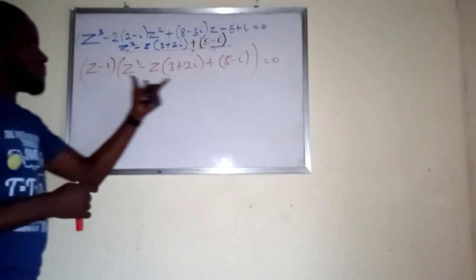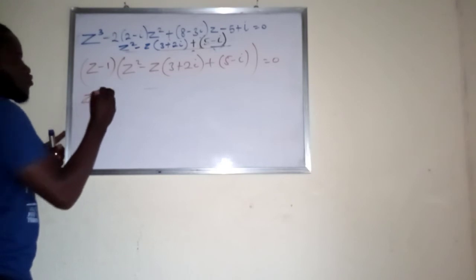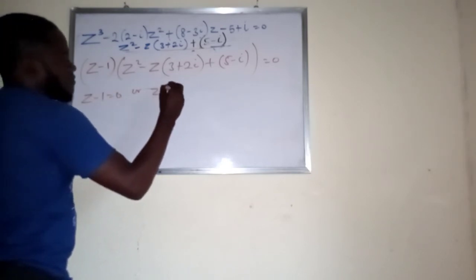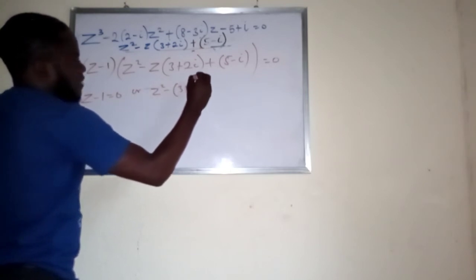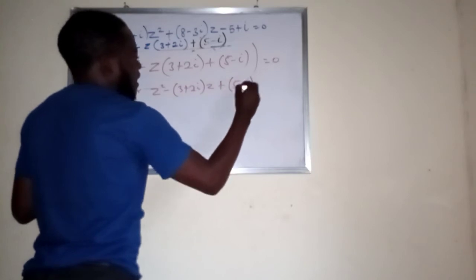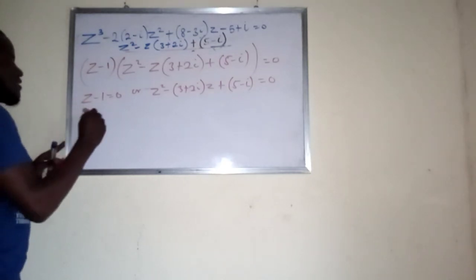Now, if this times this equals 0, hence z minus 1 can be 0 or z squared minus (3 plus 2i) z plus 5 minus i is equal to 0.